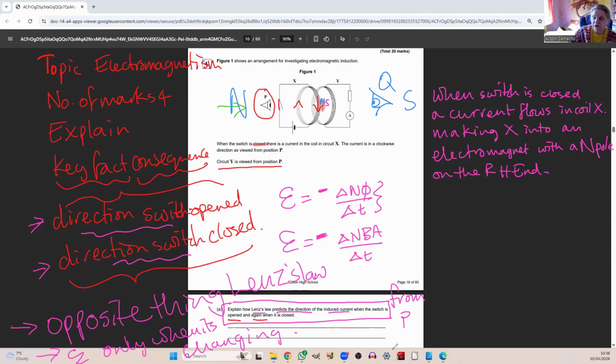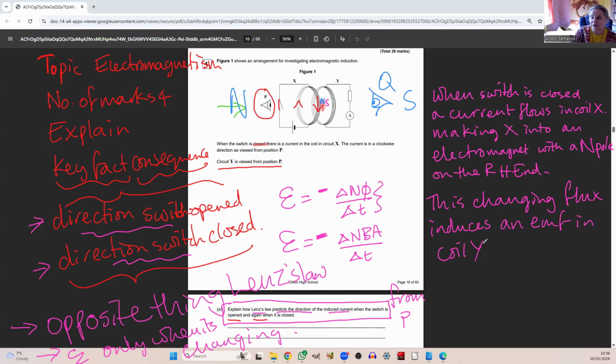So this changing flux induces an EMF in coil Y. I think that's what you need to do. Good, very good, Aditya.